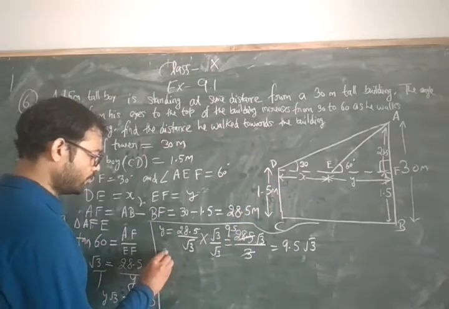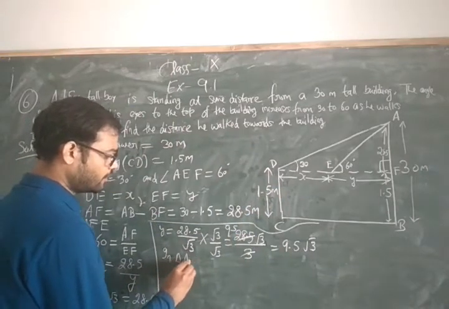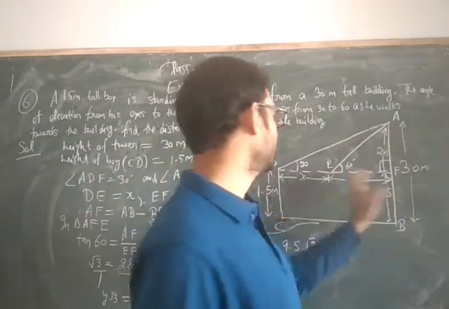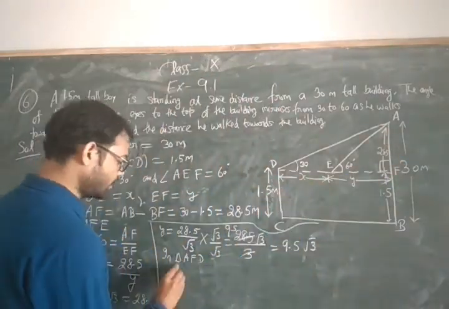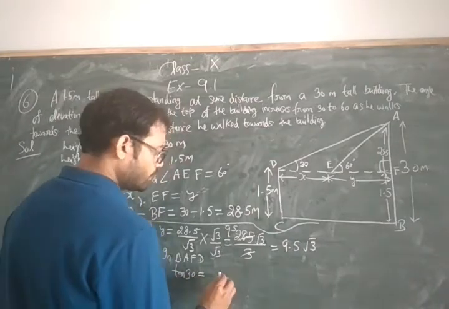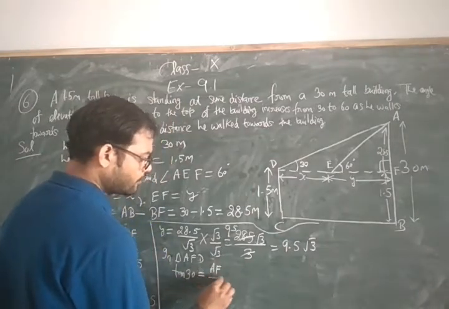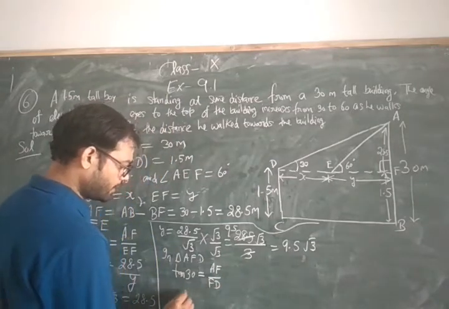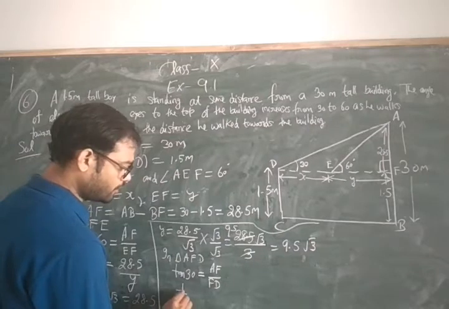So now in triangle AFD, again your theta is 30. So tan 30 is equal to, you can write, AF upon FD. Tan 30 is 1 upon root 3.